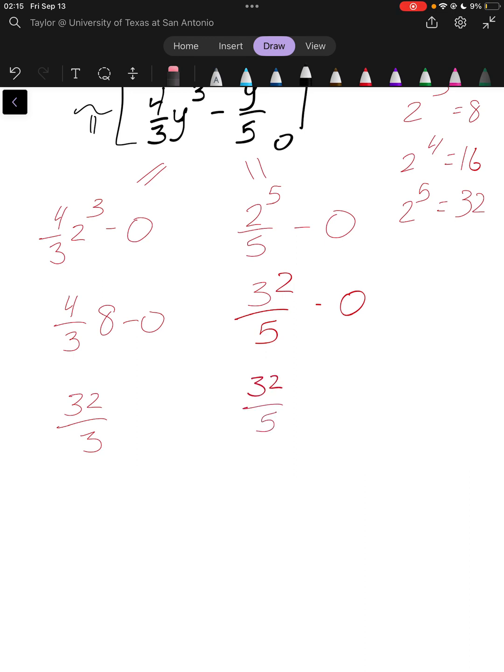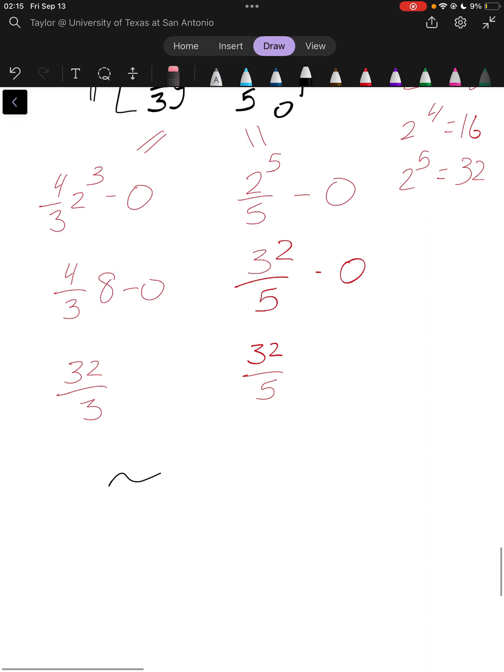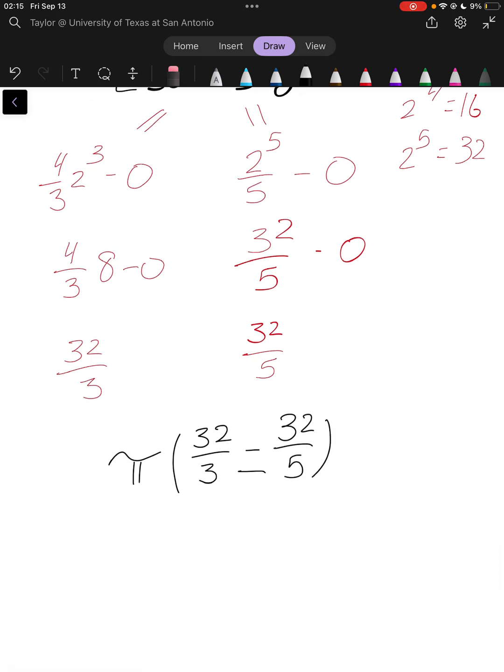All right. The next thing I need to do is pull everything down. Got pi times (32 over 3 minus 32 over 5). And I want to find a common denominator between these two.